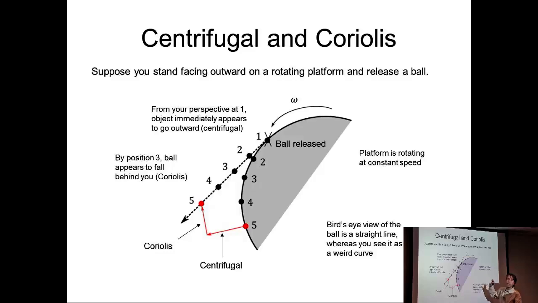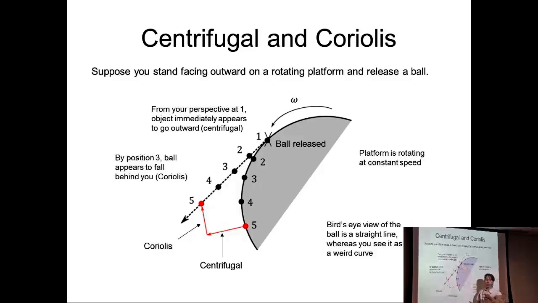So now let's see the centrifugal and the Coriolis forces working together. Let's put you on a turntable that's rotating clockwise, and let's denote positions 1, 2, 3, 4, 5 as such. At position 1, you're holding a ball and you just let it go. Now, because the ball was already in motion, it's going to move along the tangent of the circle from the point from which you let go.